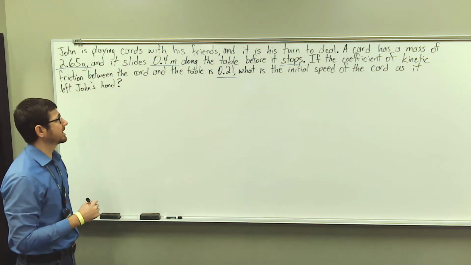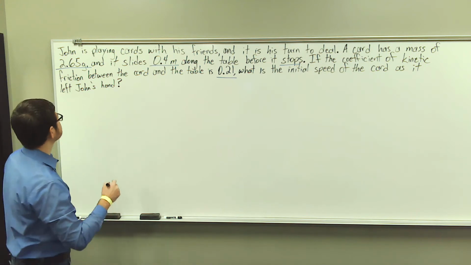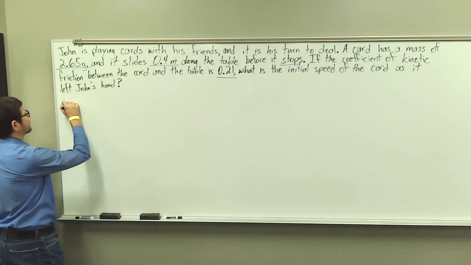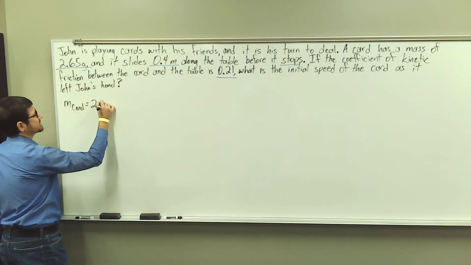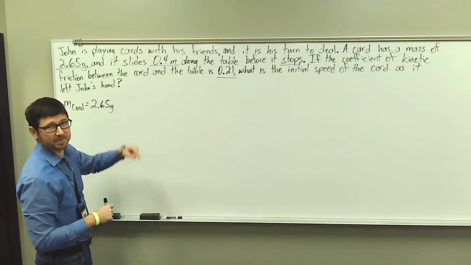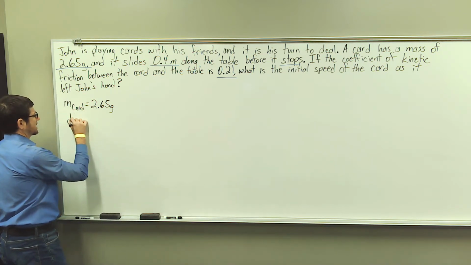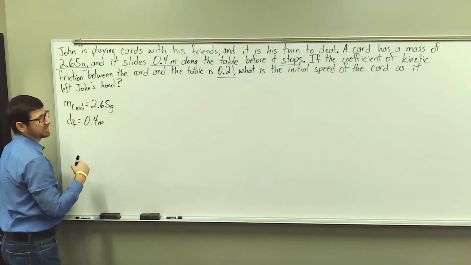So let's go ahead and generate a column of knowns and unknowns. So the mass of the card is 2.65 grams. The final displacement of the card, identified by d sub f, is 0.4 meters.